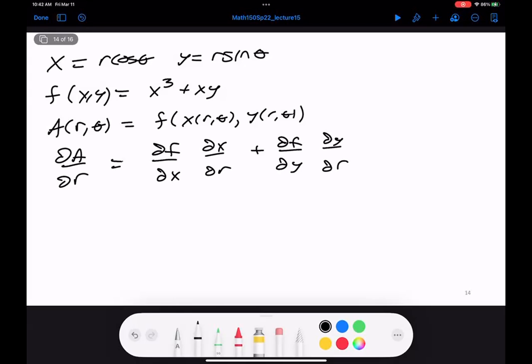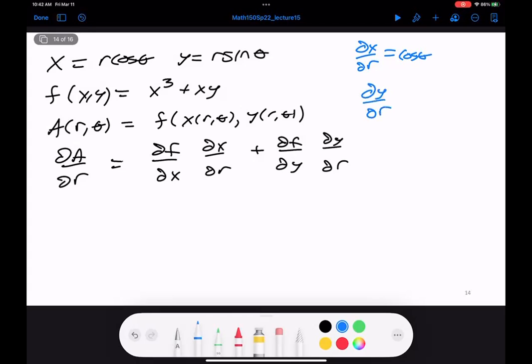That's what the chain rule says. Okay, let's calculate. If x equals r cosine theta, what is dx dr? Just cosine theta. I don't need to calculate what dx d theta is if I only care about dA dr. But I could if I want to, I don't.